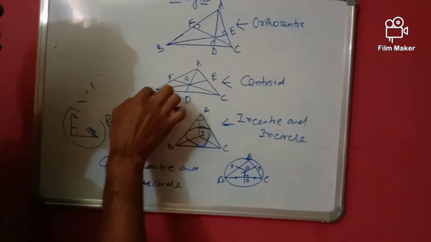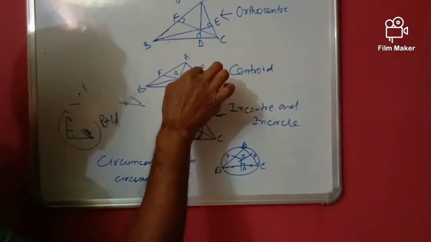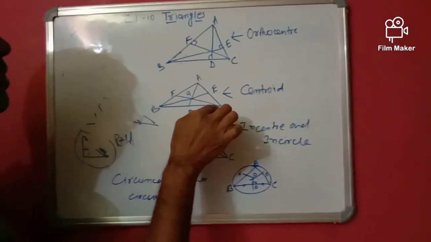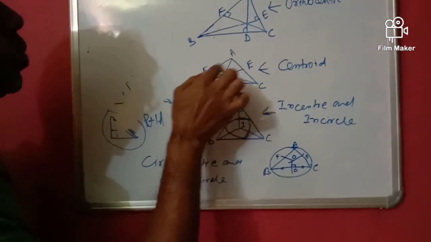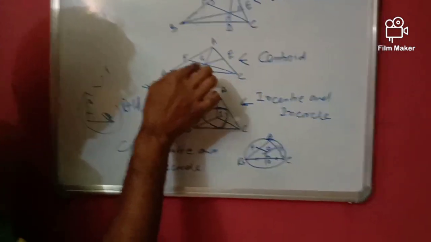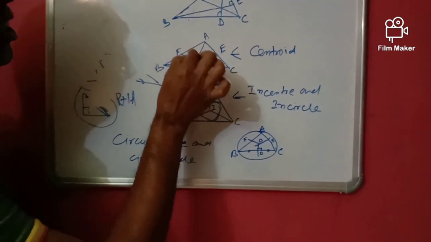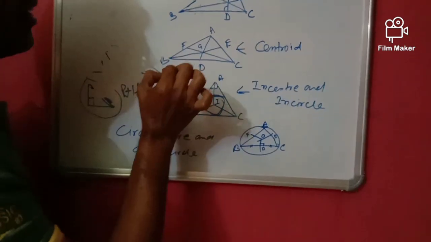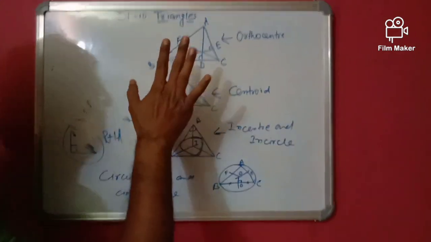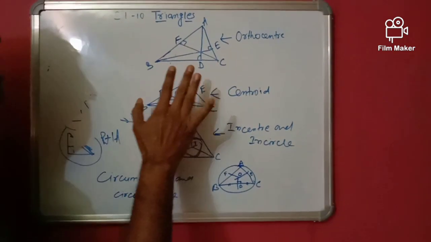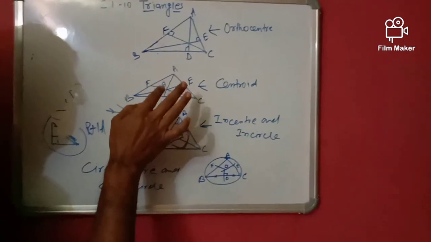AD, D is the midpoint of BC, and the point where the three medians pass concurrently is known as the centroid. A triangle also has three medians. The centroid of a triangle divides every median in the ratio of 2:1. These are the differences between orthocenter and centroid.